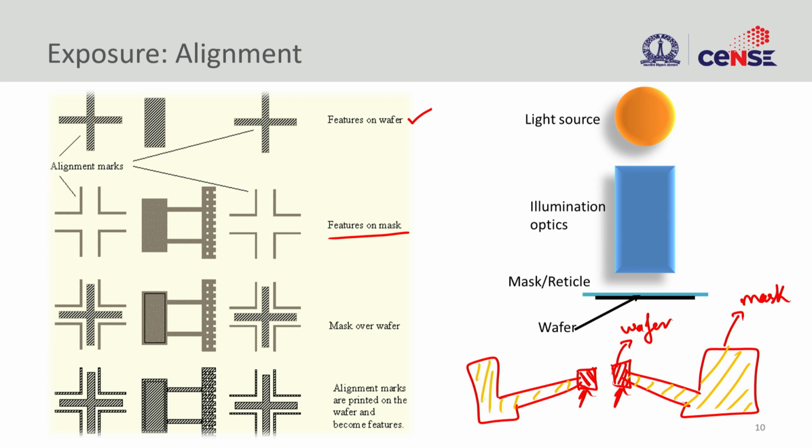That means this is from the mask, this is from the wafer, and this is from the mask. So, if you can align on this one on one, then your structure also aligns. You see here, this was the structure on the mask, and this was on the wafer. So, I am just aligning this feature onto this feature.